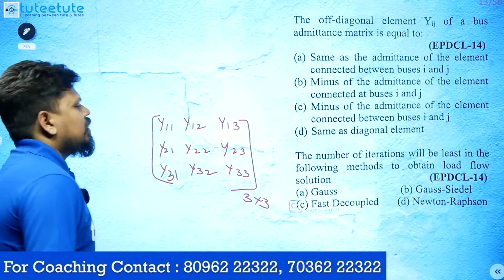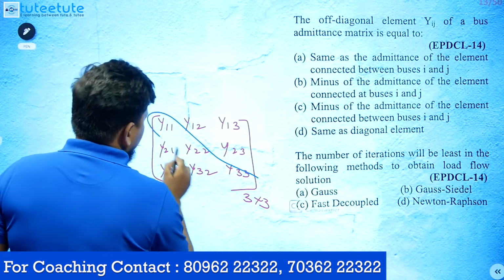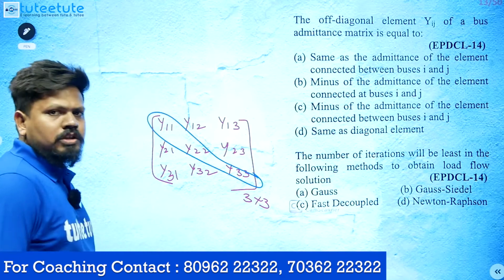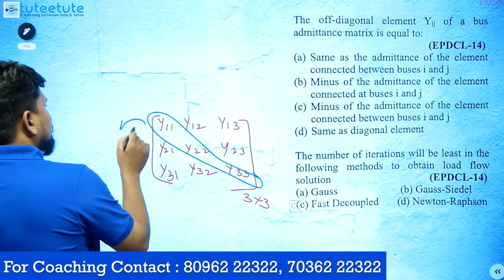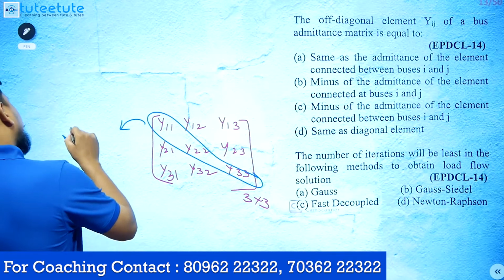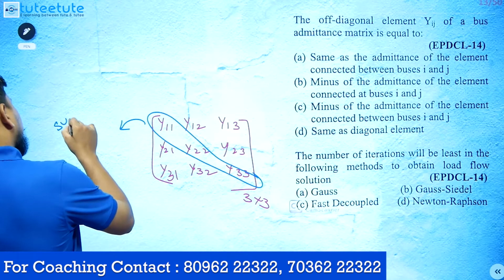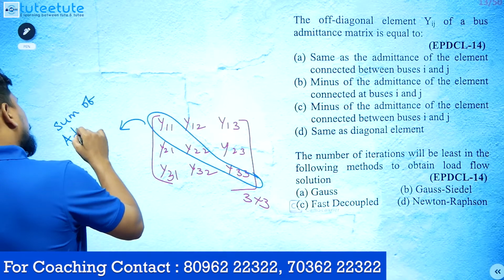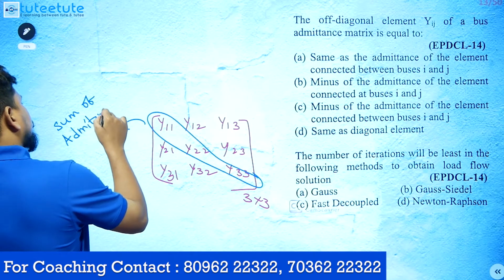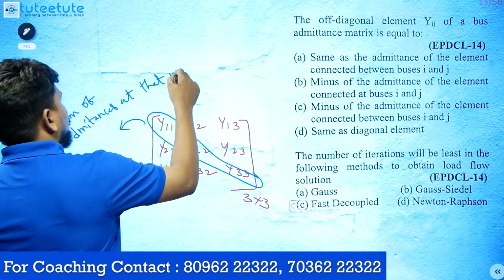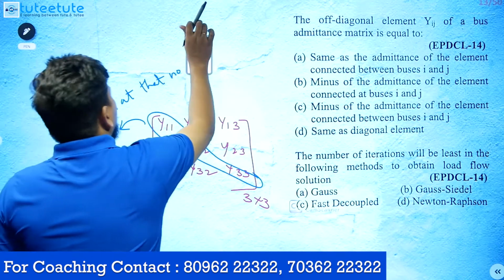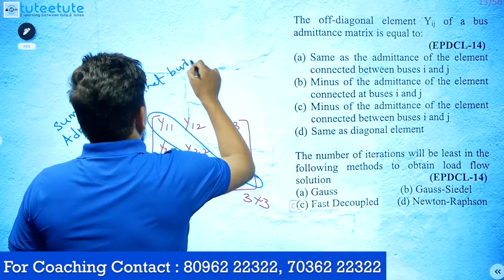What are the diagonal elements? These are the diagonal elements. Diagonal elements are directly admittances, the sum of admittances at that node. Instead of node we will write bus, since bus means node only.